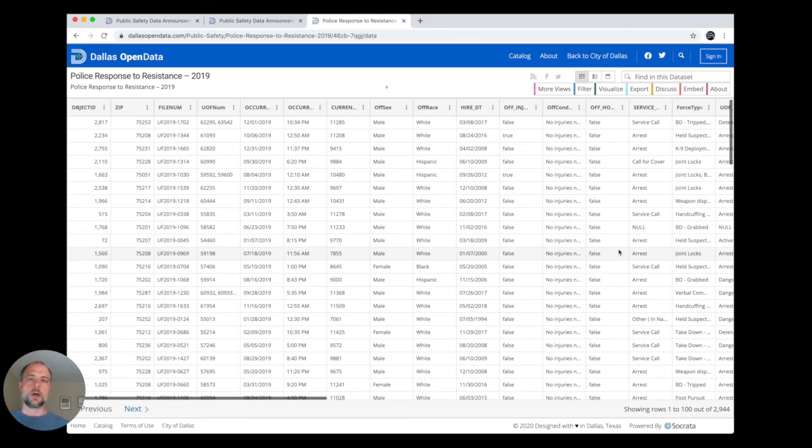So it might be frisk, restraint, some kind of joint lock or something like that, canine, whatever, taser, any of those kinds of things. So it's important to look at both of those metrics to understand an officer's behavior. So is there an officer who is involved in a lot of uses of force? If we can look at the arrests and say officer affected X number of arrests, and then by looking at this, we can see Y number of these had use of force.